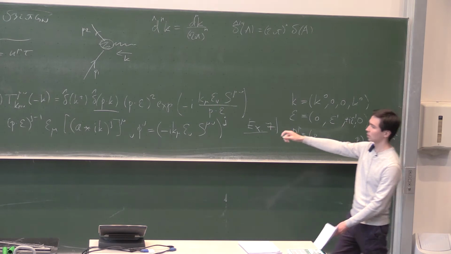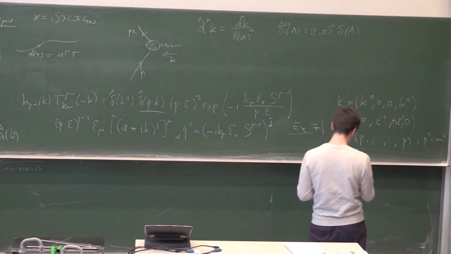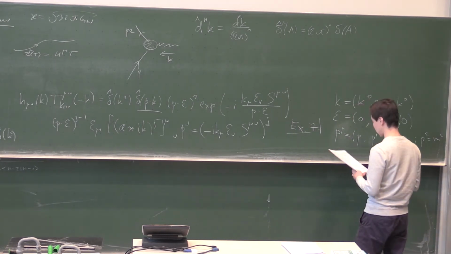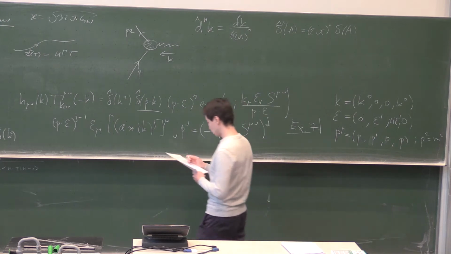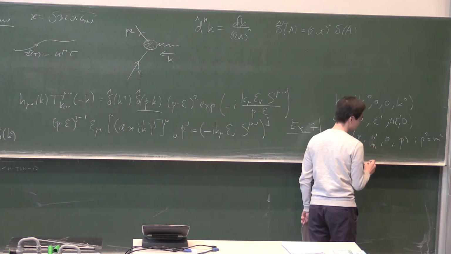So of course the actual support of these delta functions is complex, and you can take a frame where that happens. So it's some complex kinematics.